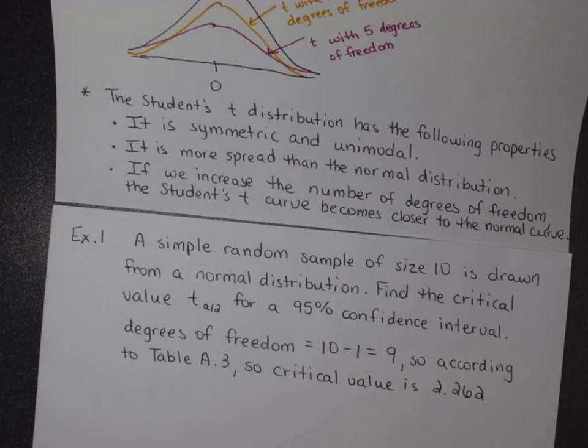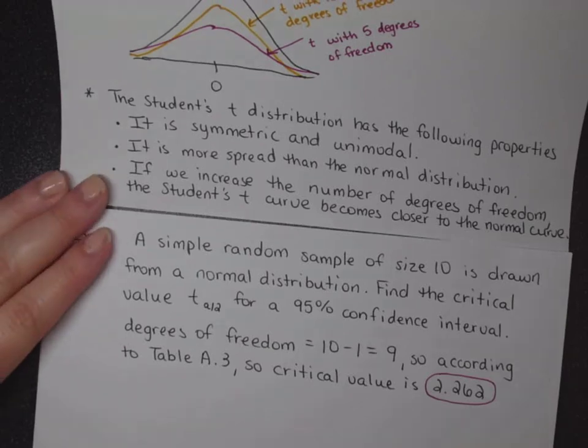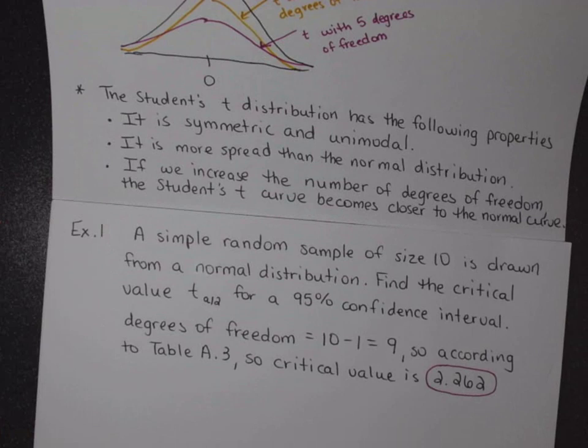If you can't see where I got that, you need to pause it and pay attention to where I told you where to look on the chart. We look at where 9 degrees of freedom and 95% confidence level intersect, and they intersect at the value of 2.262. So the critical value would be this 2.262.